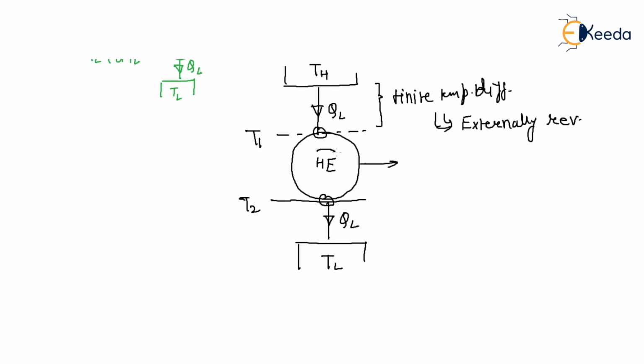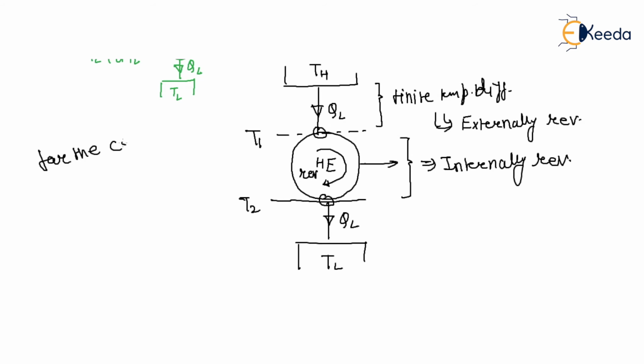But if you claim that this is reversible, then it is only internally reversible. What we can write, QH by QL is T1 by T2, not equal to TH by TL.